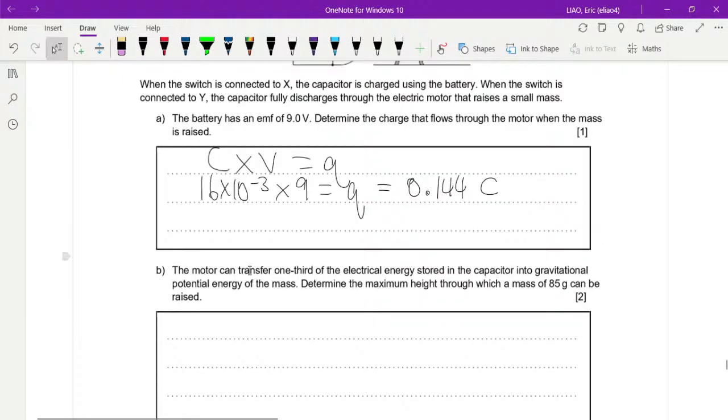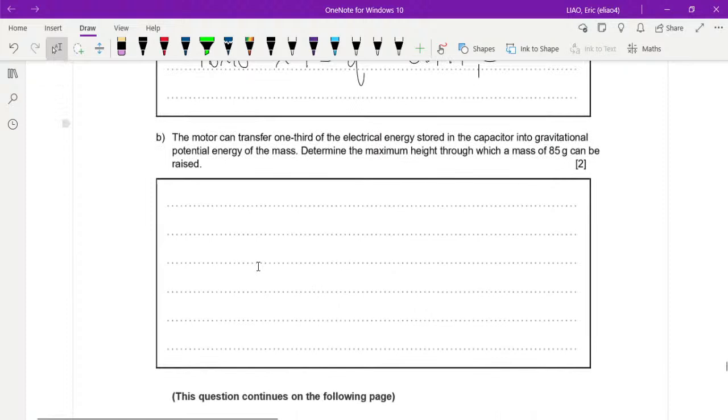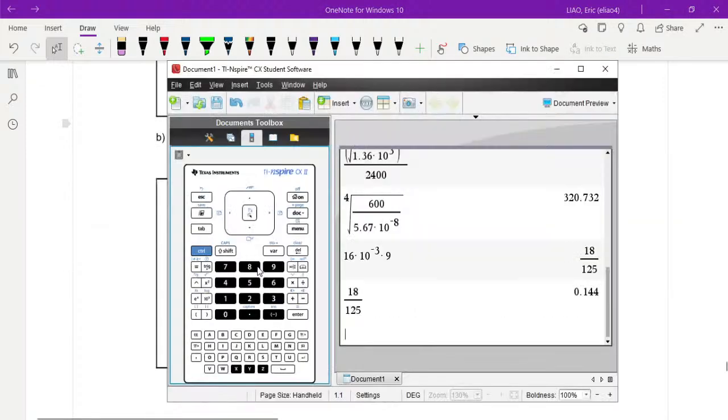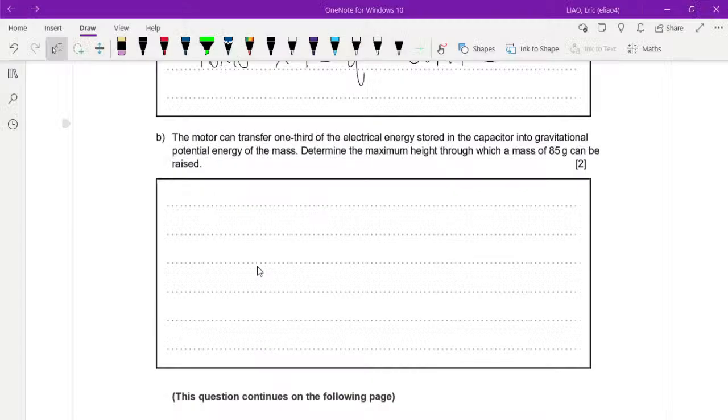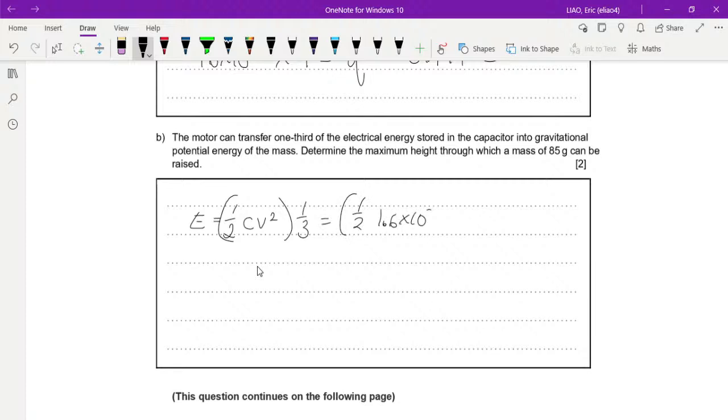The motor can transfer 1/3 of the electrical energy stored in the capacitor into gravitational potential energy. So energy equals half CV squared, and we'll times that by 1/3, which will give us the capacitance, 1.6 times 10 to the -3, times 9 squared, equals mgh.